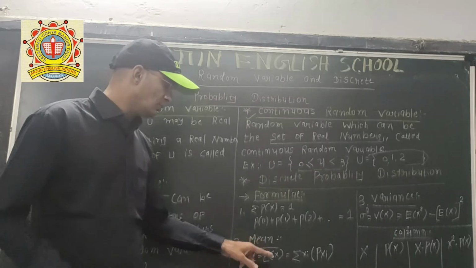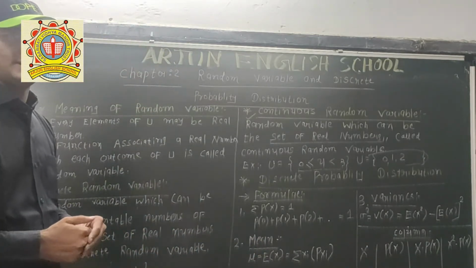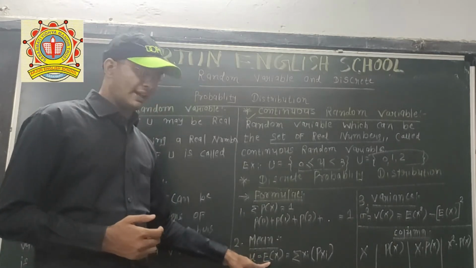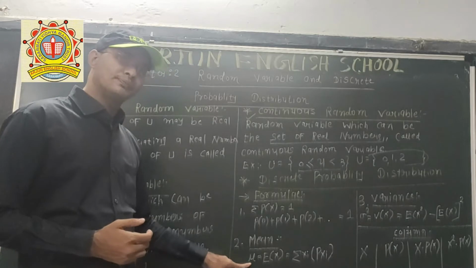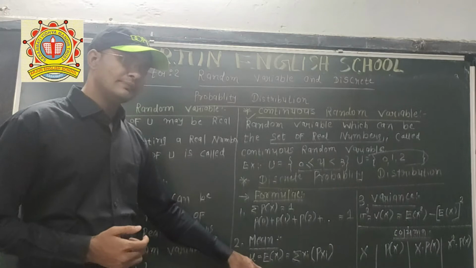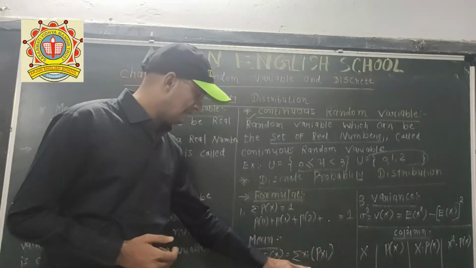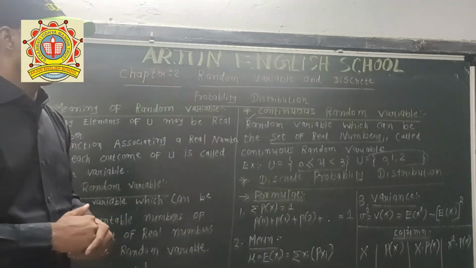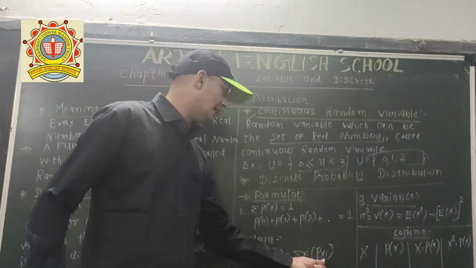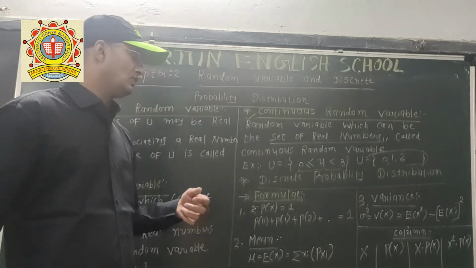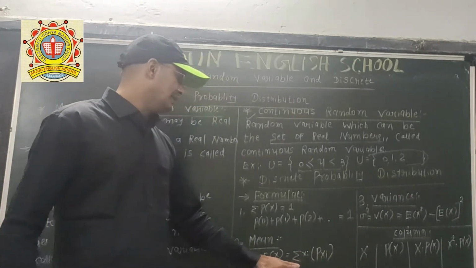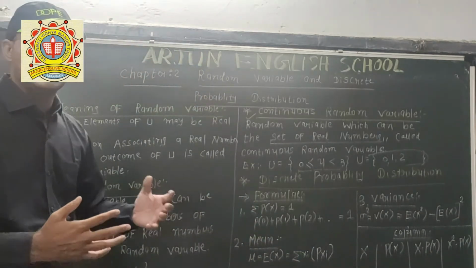Another name for mu is expected value. So the expected value we write as E of x, that is mu, meaning mu and E of x are both equal, and the formula is sigma xi multiplied by P of xi. The total of this, the sum of xi into P of xi, is equal to the mean. So it is called the expected value.